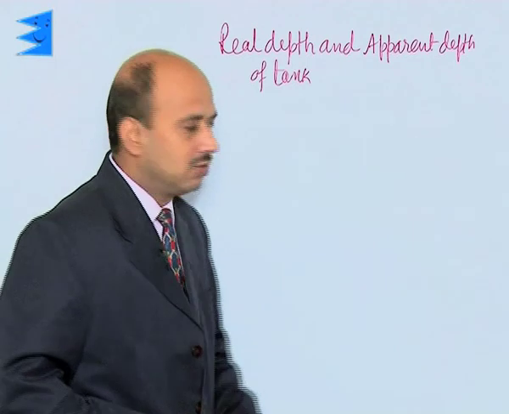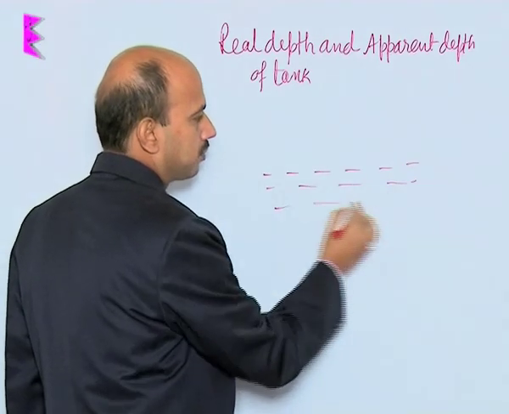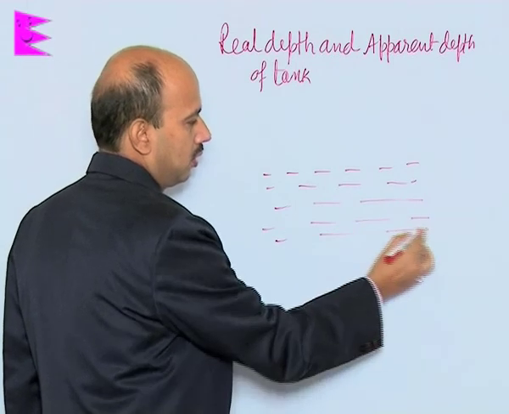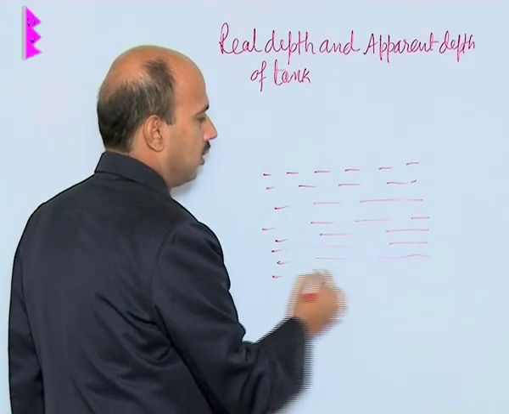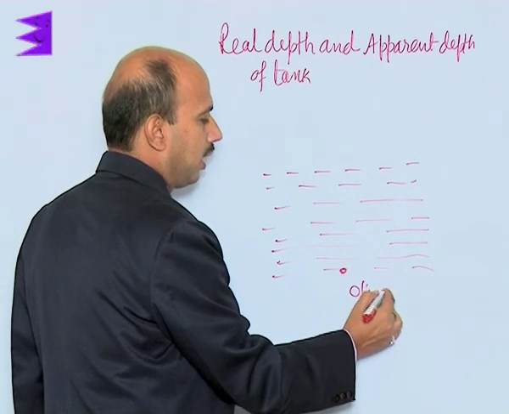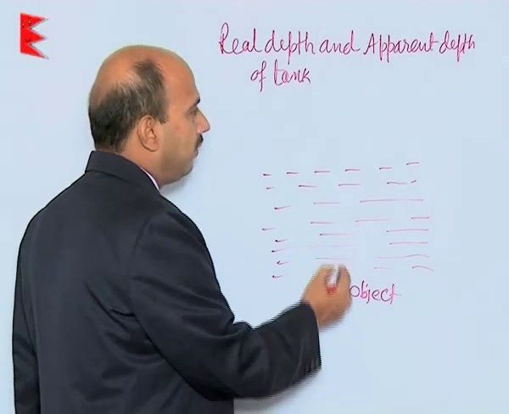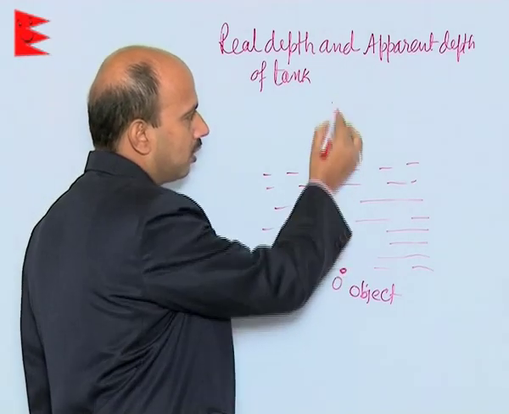Now, let us see the first example. Suppose there is water here, and an object is lying over here. This is the object O, and you are observing from this point, just normal viewing.